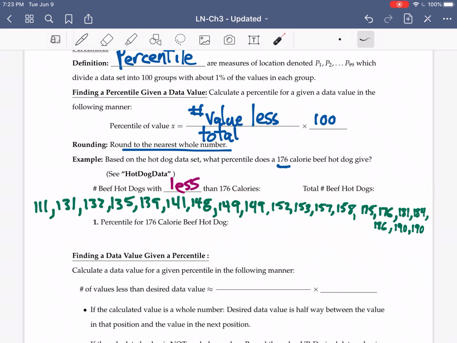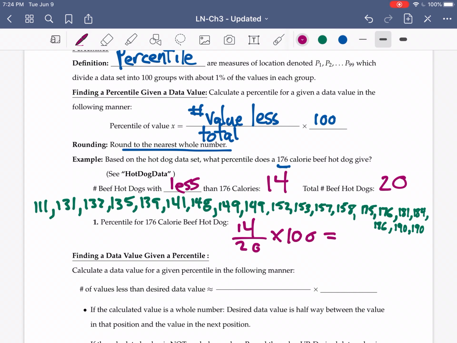So we want to count the number of values less than 176. 1, 2, 3, 4, 5, 6, 7, 8, 9, 10, 11, 12, 13, 14. There are 14 values less than 176 in our data set out of the 20 values in total. So to calculate our percentile, we're going to take 14 divided by 20 and multiply that by 100 to get the 70th percentile.